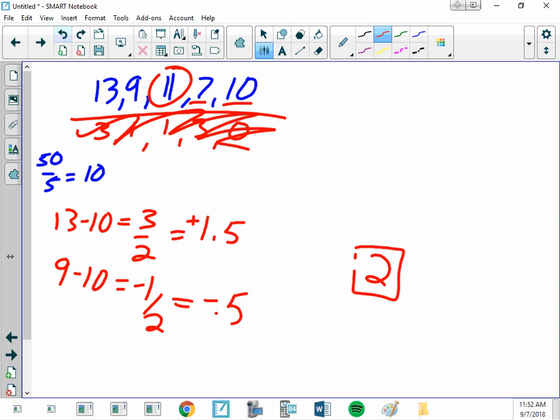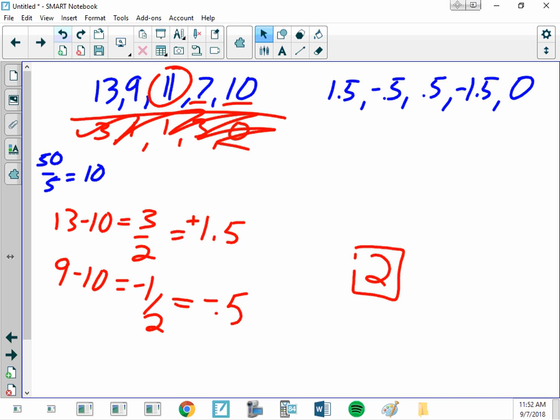And 10 is going to give me a z-score of 0. So now we have this list: 1.5, negative 0.5, 0.5, negative 1.5, and 0.